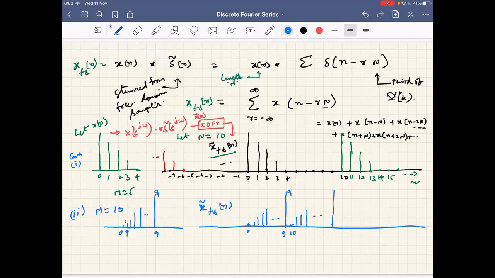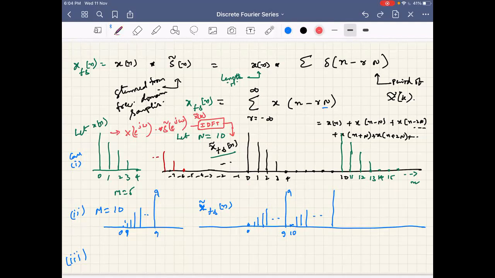So now take the case 3. See, in both of these cases, x of n is still retained in this x tilde of n. So if you would like to get back x of n, what do we do? We take only one period, right?